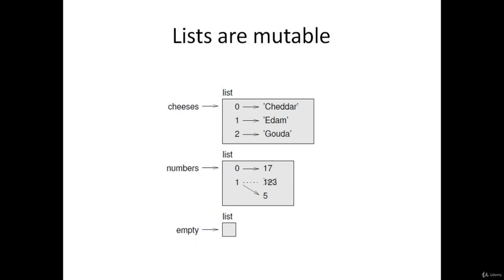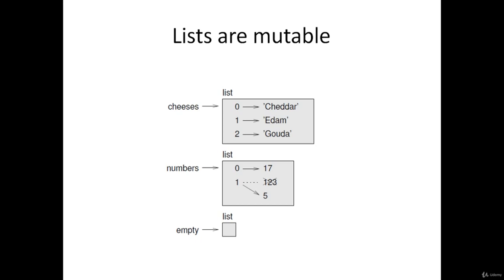You can think of a list as a relationship between indices and elements. This relationship is called a mapping. Each index maps to one of the elements. Here is a state diagram showing cheeses, numbers and empty. Lists are represented by boxes with the word list outside and the elements of the list inside.